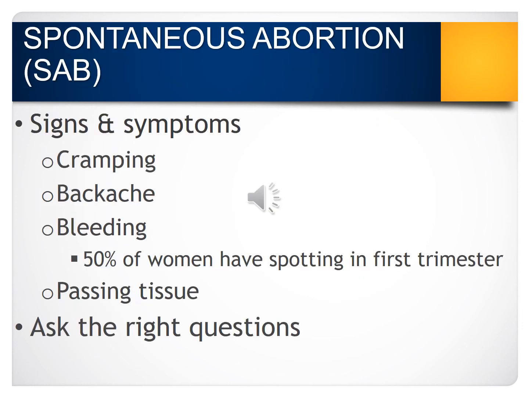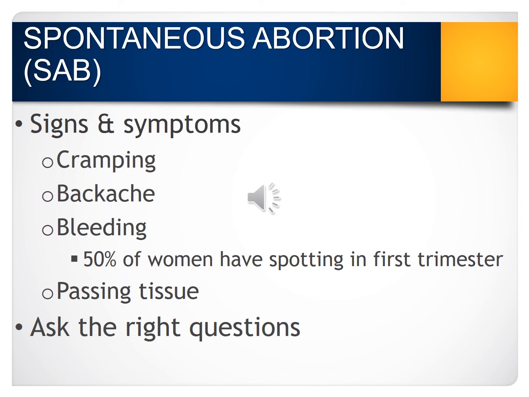So when assessing if a client is having or experiencing some type of spontaneous abortion, it's important that we as the nurses ask the right questions. They will oftentimes call into the office or to the hospital, and then you're going to be the first person they speak to.